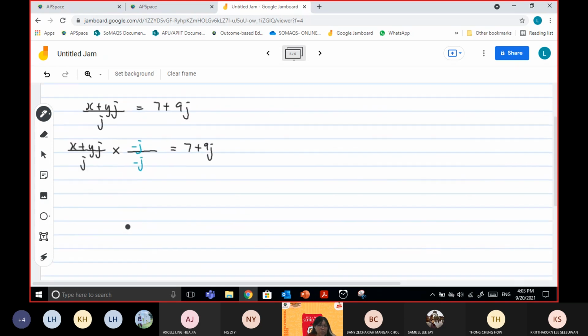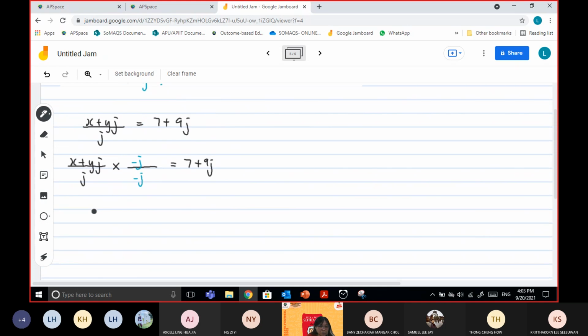Then we move on. At the bottom we have j times j, which is j squared, then with a minus j, so minus j squared at the bottom. At the top we have minus xj, then minus yj squared, equals 7 + 9j. Since j squared is minus 1, at the bottom minus minus is 1.